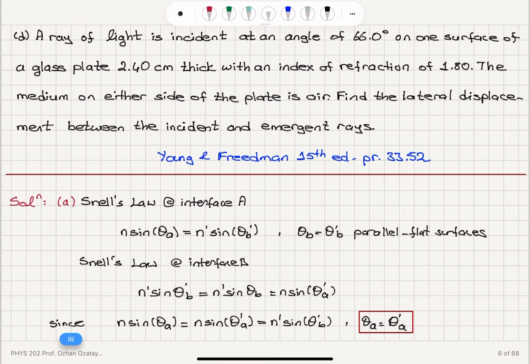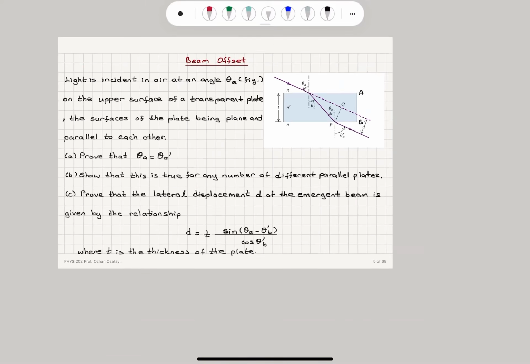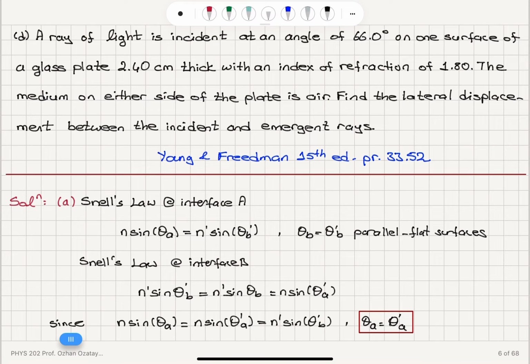Snell's law at interface B is n prime sine theta B equal to n sine theta prime A. So n prime sine theta B is the same as n prime sine theta prime B, because the angles are the same. But n prime sine theta prime B was also equal to n sine theta A. Therefore n sine theta A equals n sine theta prime A, so theta A equals theta prime A.